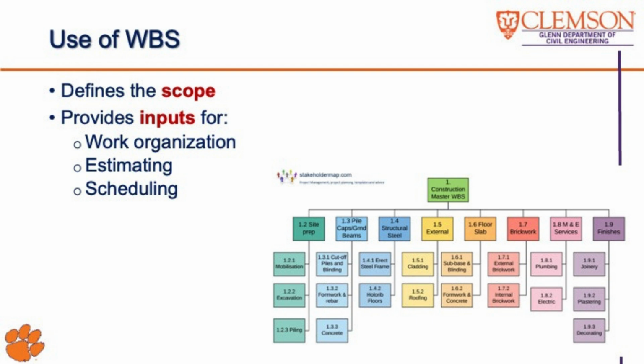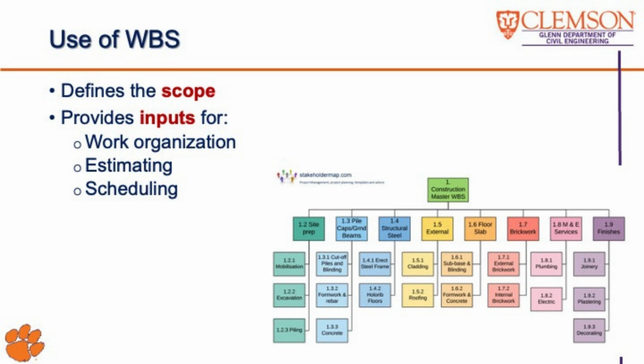A WBS also enables more accurate cost estimation and budgeting. Each work package can be evaluated for its cost implications, leading to a more precise overall project budget. Furthermore, a WBS provides the foundation for creating project schedules.